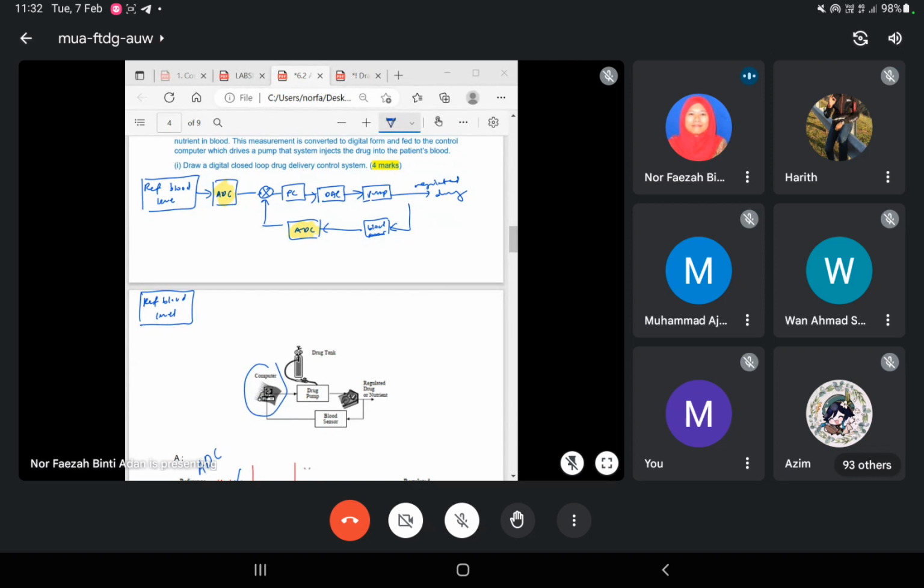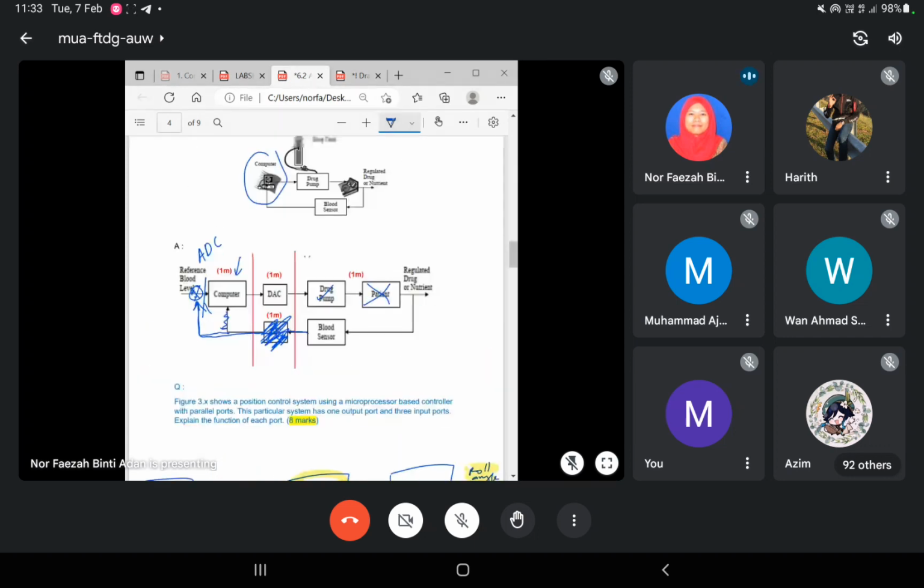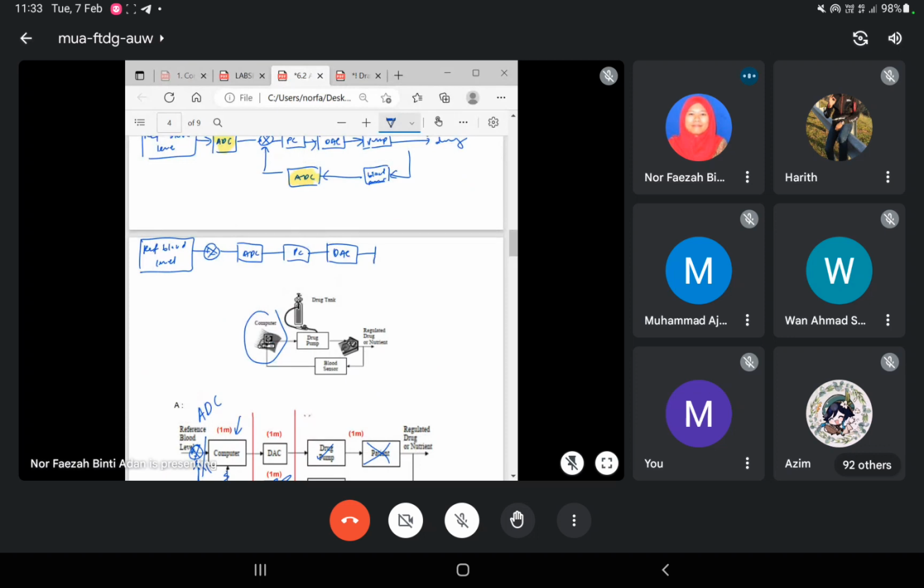Okay, and then it goes to summing junction, and then ADC, PC, DAC, okay. And then pump, regulated drug, blood sensor, and goes to your summing junction.